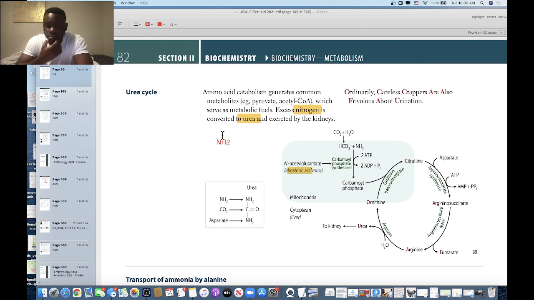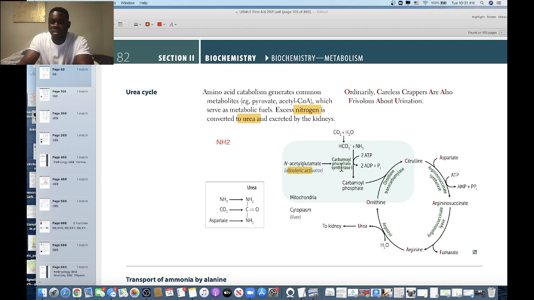Now, what do we do? We are going to combine carbon dioxide with ammonia in the body, and that will form carbamyl phosphate. This carbamyl phosphate is synthesized by an enzyme called carbamyl phosphate synthase 1. There are two.